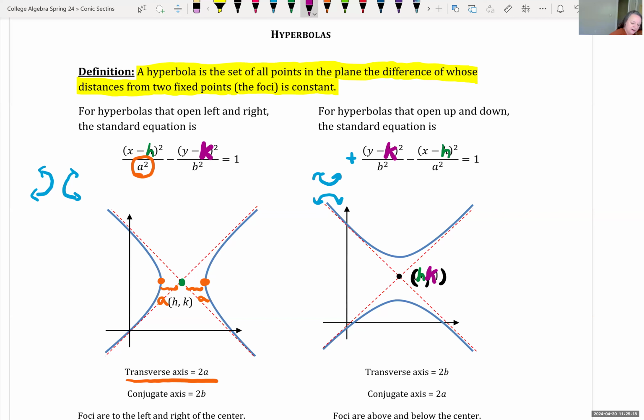Where over here, the b squared is underneath the positive. So we're either going to go up b or down b. So let's look at the formula there. So if it's with the x-axis from our center, we're either going to add or subtract a to get to these points.